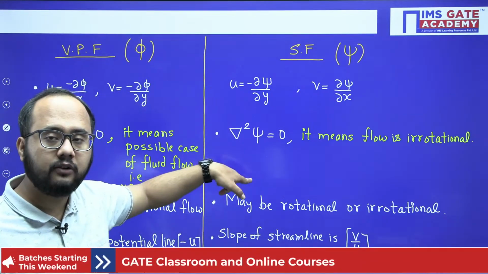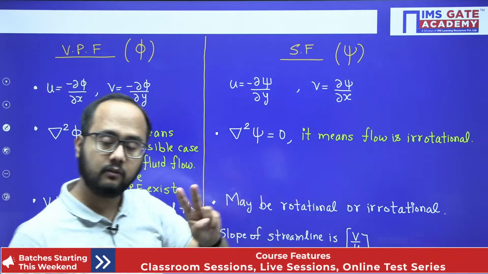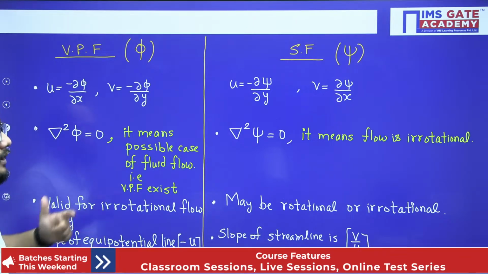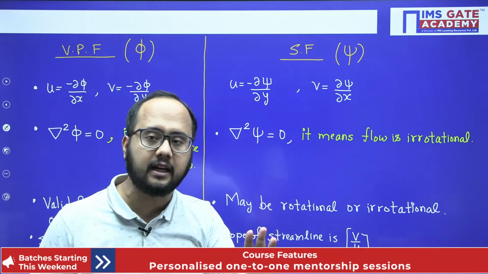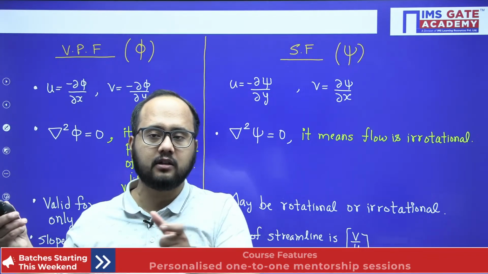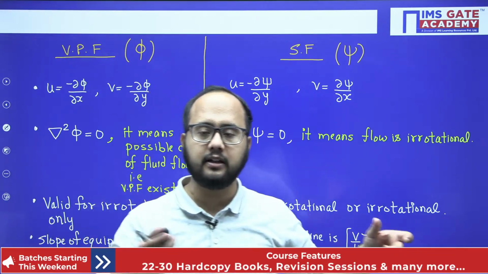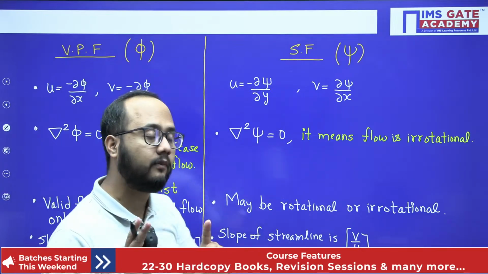But in the case of the stream function, if Laplace is satisfied, it means the flow is irrotational. Both are different, and both have a different meaning. Most of the time students understand that the stream function and VPF both satisfy the Laplace equation, so it means the same. No, both are different. Please remember this point.